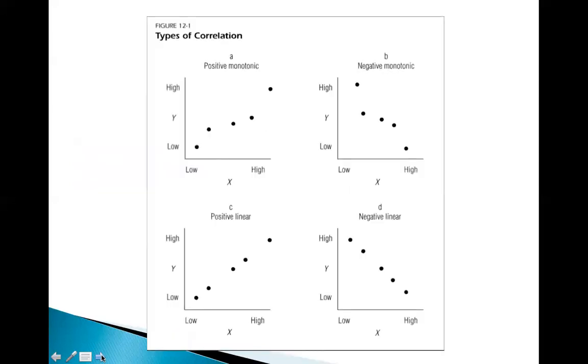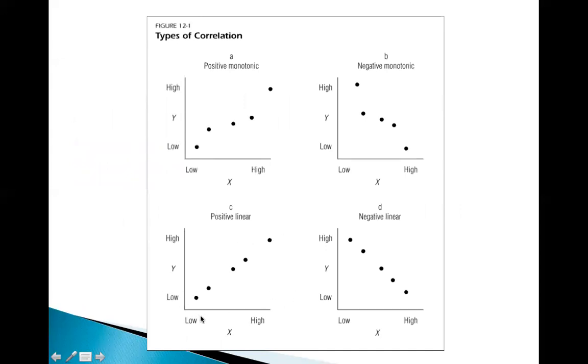So again, just another example. This is the same as what I showed before, but thinking about the form of the relationship. In regression, the type that we're going to do today, called OLS, ordinary least squares regression, we assume that our data takes a linear form, the form of a line.